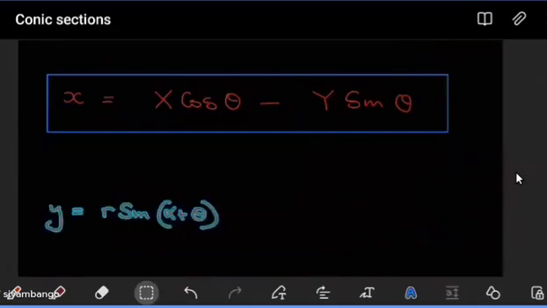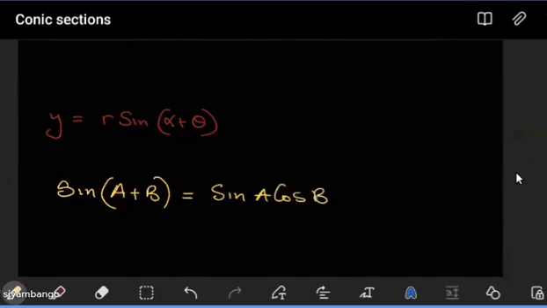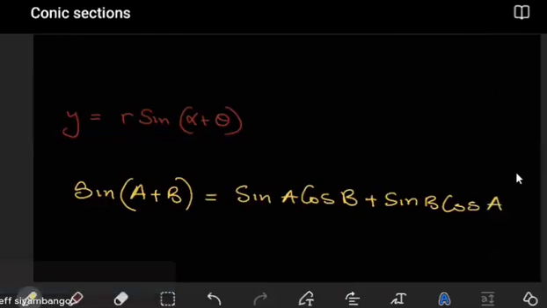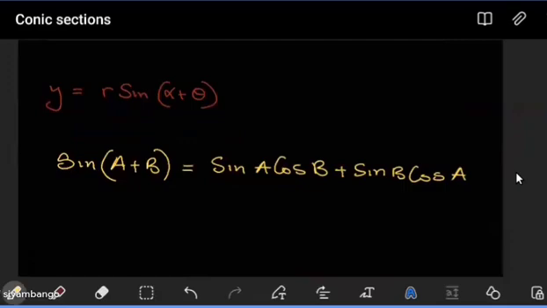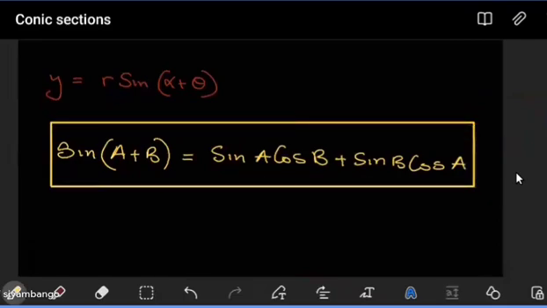In the same way, we use the double angle identity for sine. All you have to remember is the identity: sine A plus B is equal to sine A cos B plus sine B cos A. This is the identity for sine of a sum. Now we can use it. We're saying y will be equal to r, open bracket, sine alpha plus theta.